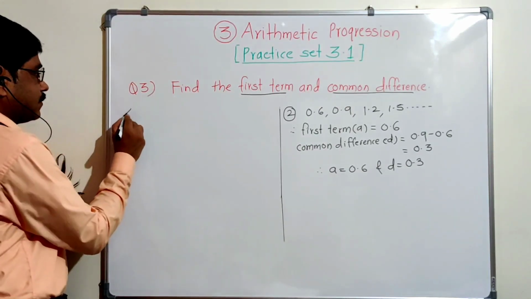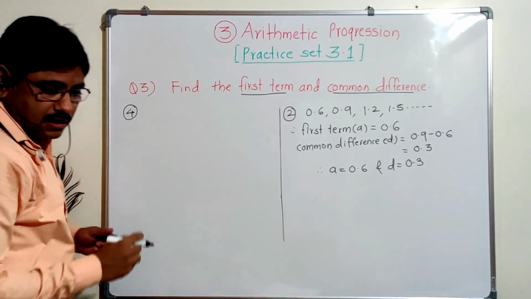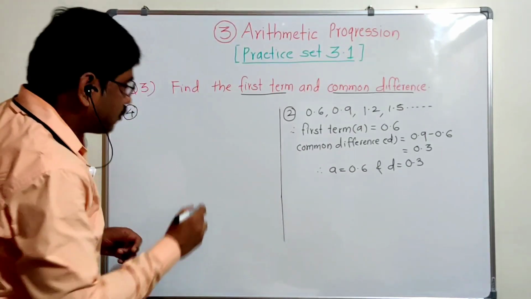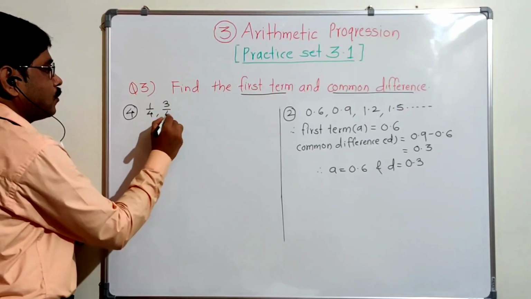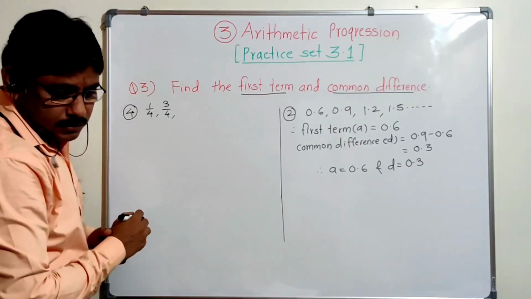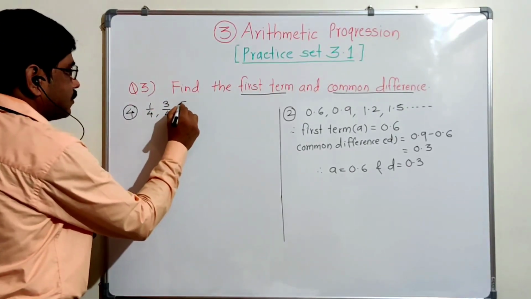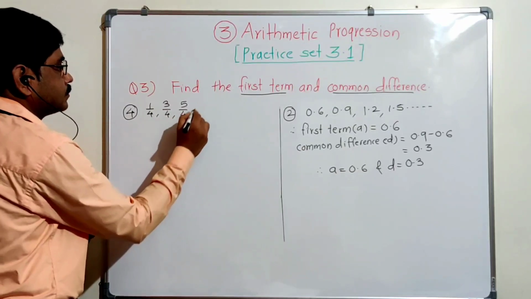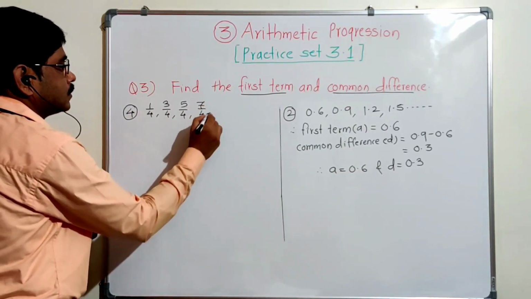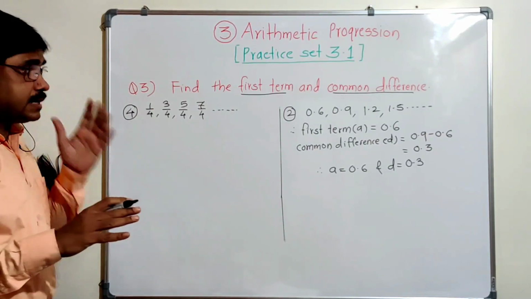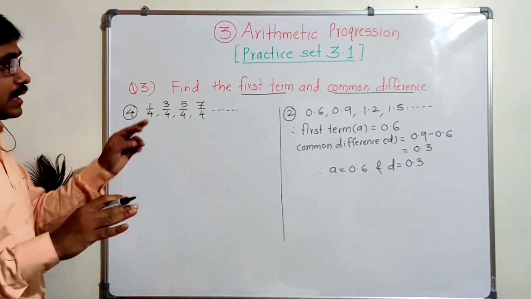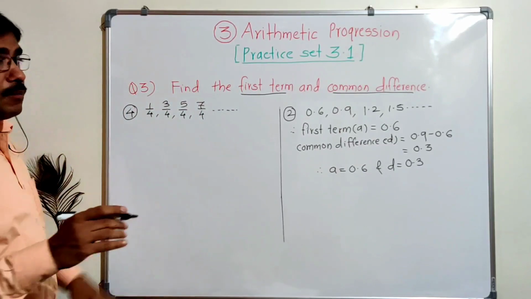Fourth example. Here fractions are there. 1 by 4, 3 by 4, then 5 by 4, 7 by 4. Now this is again an AP, no need to decide about it, only write the first term and the common difference.